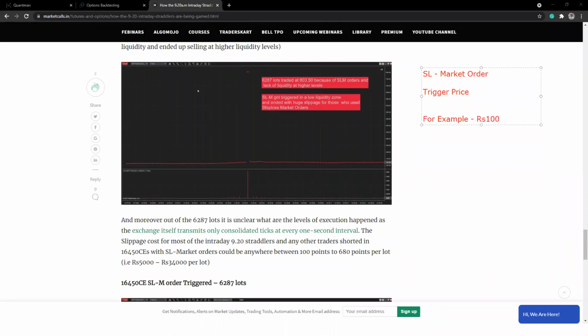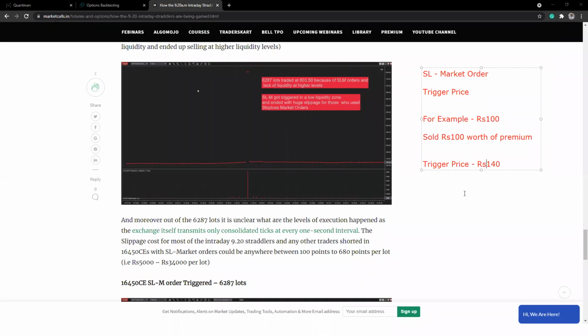I'm selling this option, so I sold 100 rupees worth of premium. And I'm keeping a stop loss of 40%. That means my trigger price is at 140 rupees.